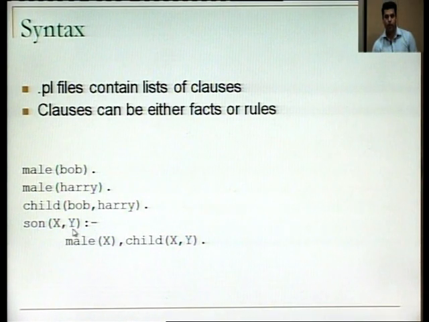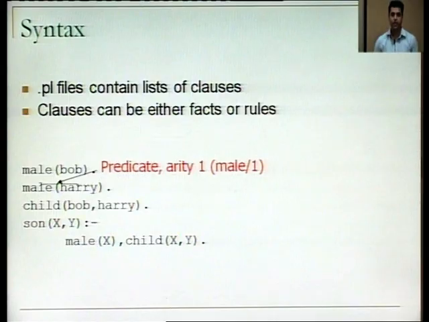X is a son of Y if, it is to be read as if, X is a male, and it is to be interpreted as and, X is a child of Y. Let us do it again. This is known as a fact or a predicate with arity 1, which means there is only one argument.